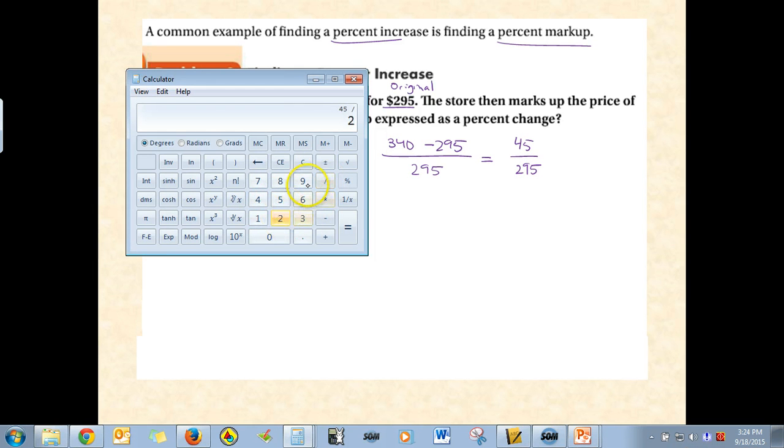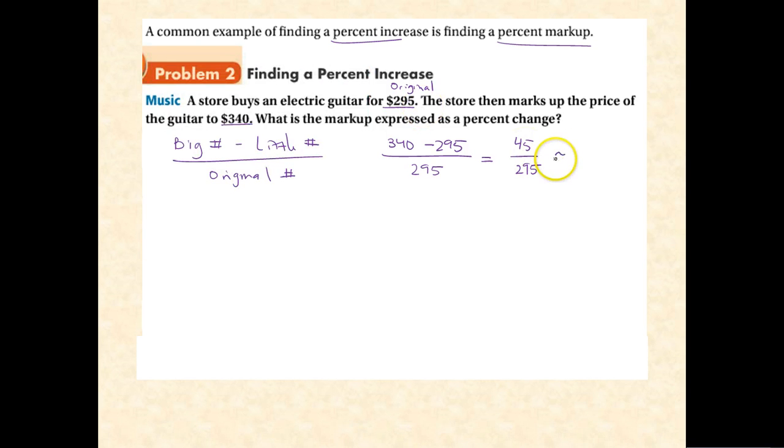Divided by 295 is 0.1525. I'm going to move the decimal over twice and then round. 15.2 rounds down to 15%. So this is approximately a 15% increase in the price. Not in the prints.